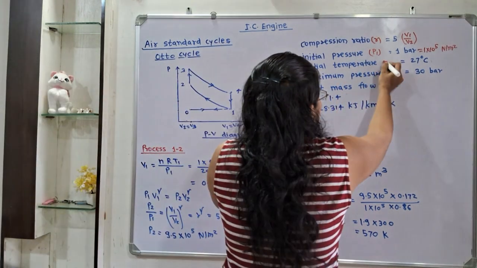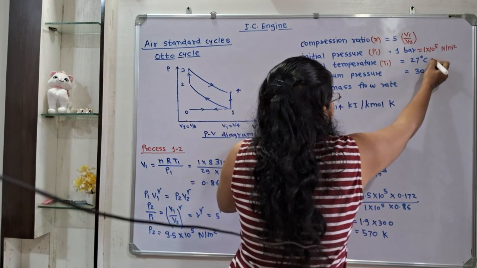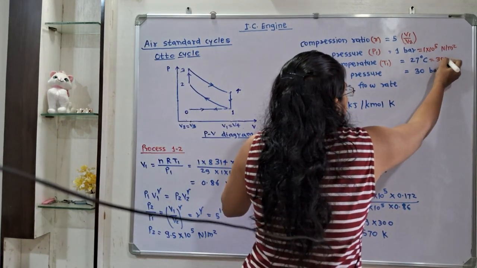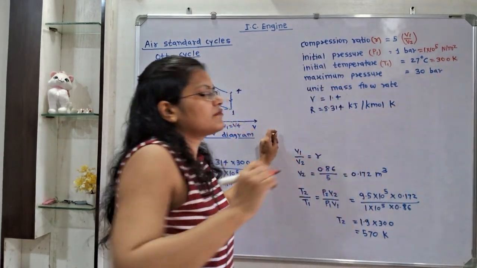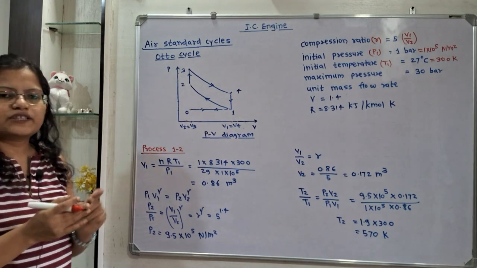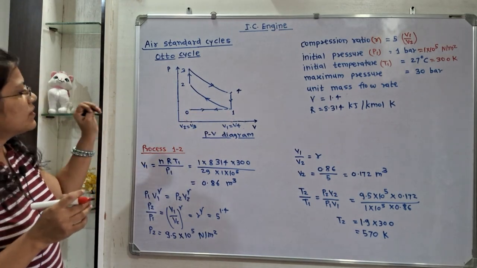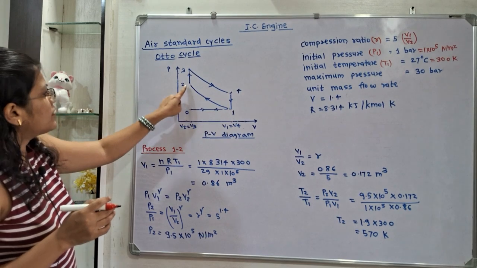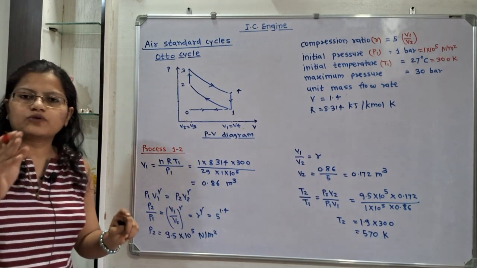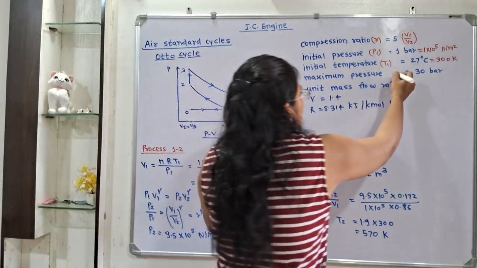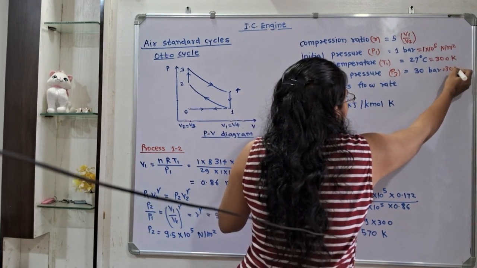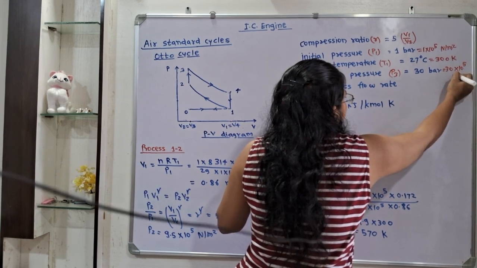So T1 is equal to 27 degrees Celsius, so 27 plus 273, that is 300 Kelvin. Maximum pressure: if we observe the pressure volume diagram, at points 1, 2, 3, 4, pressure is maximum at point 3. So P3 is equal to 30 bar, that means 30 into 10 raised to 5 Newton per meter square.